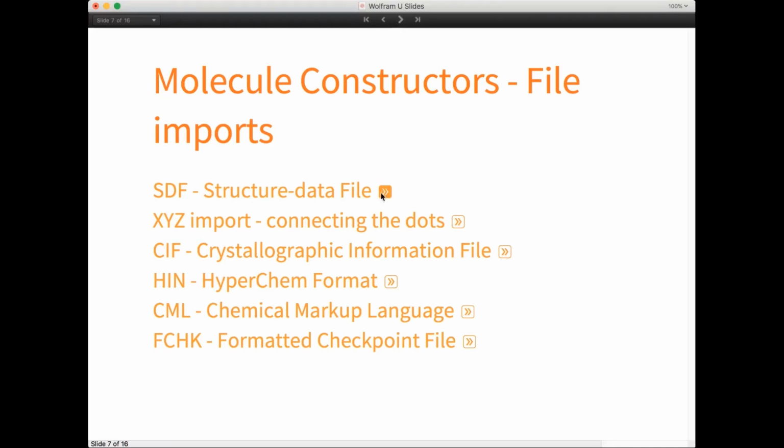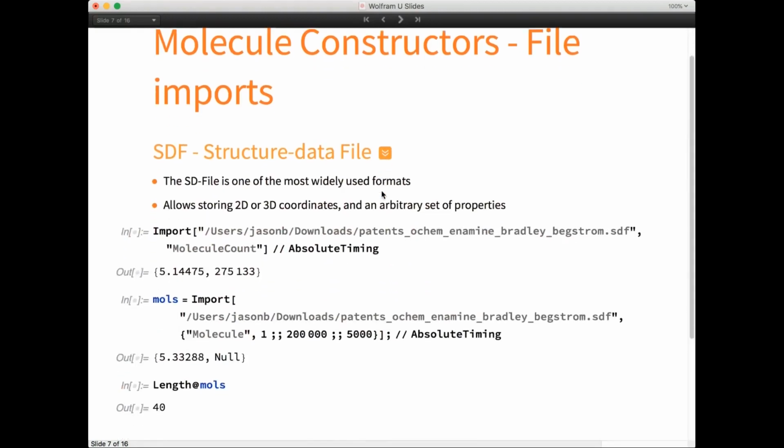So there's the SD file, structured data file, right? I have this particular SD file that I downloaded, and I think somebody had taken a bunch of patent files and used text mining to grab molecules out of it.